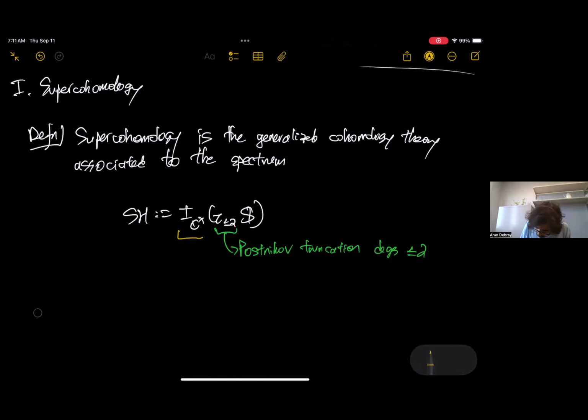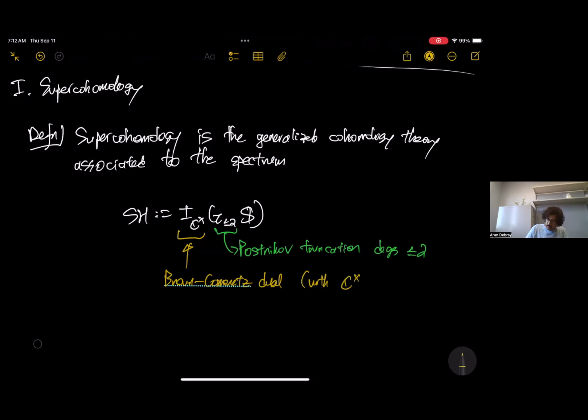And then over here, this is something that people like to call the Brown-Comenetz dual. Except if you look at Brown and Comenetz's original paper, they use Q/Z, and I want to put C* in place of Q/Z. This changes approximately nothing, but I do want to be honest.